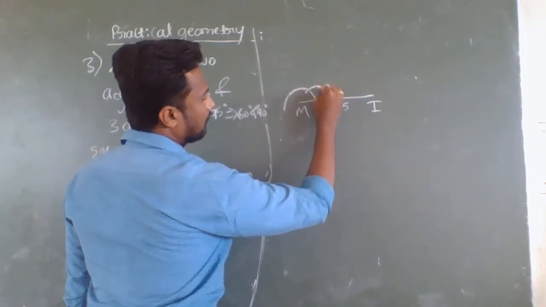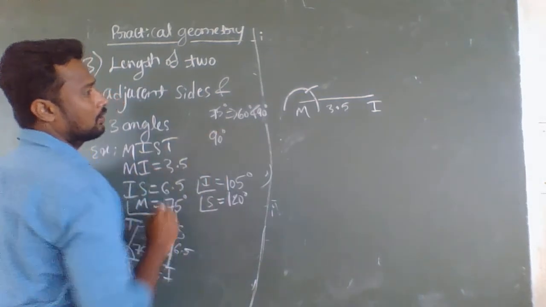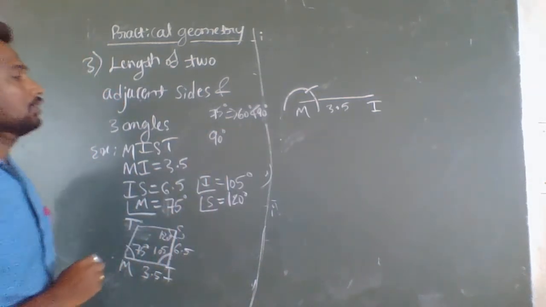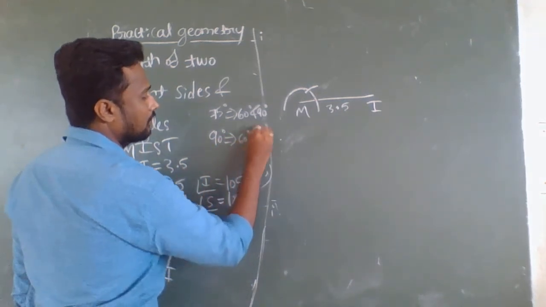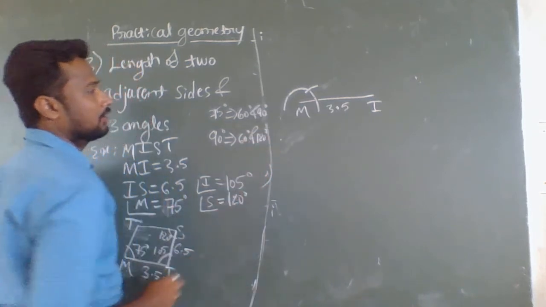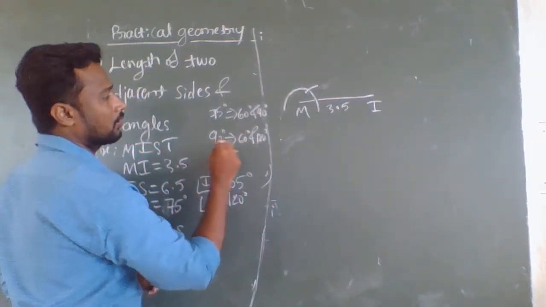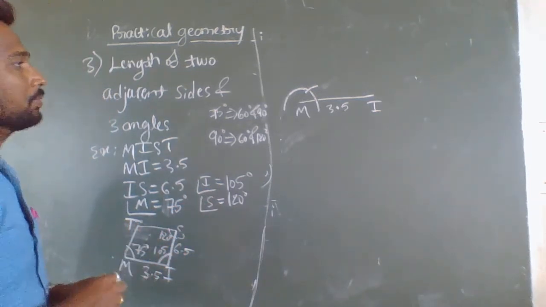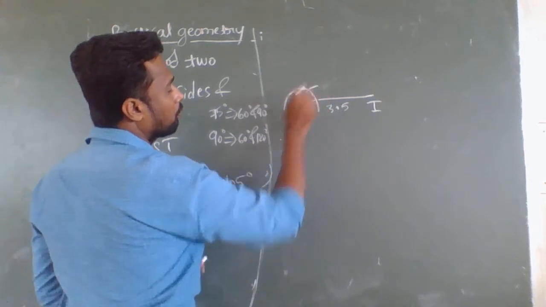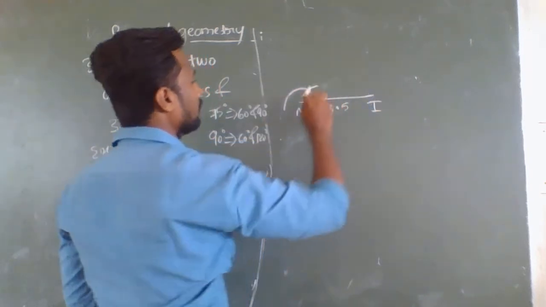This is 60 degrees, and to get 90 degrees, we should have 120 degrees, because 90 degrees is between 60 and 120 degrees. So by keeping the same distance in the compass, I will keep the needle on the 60 degree point and draw another arc with the same distance.